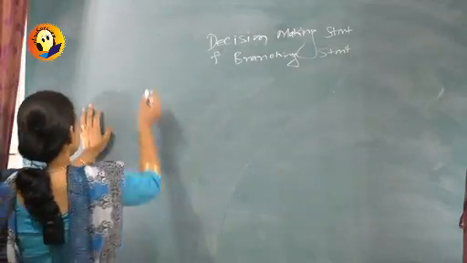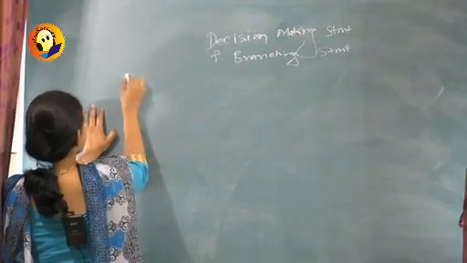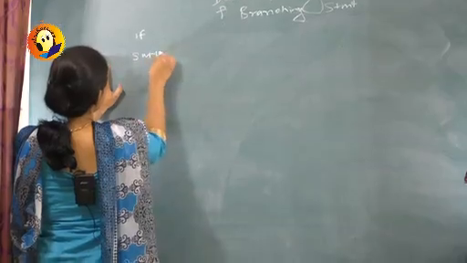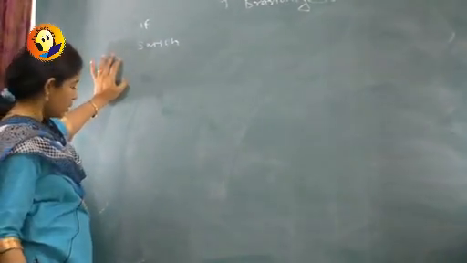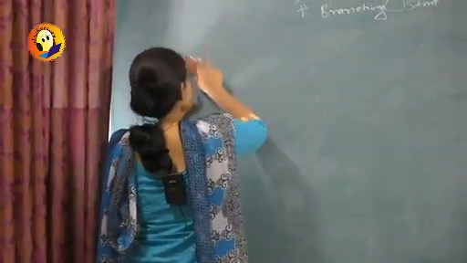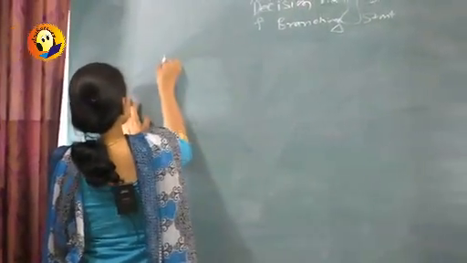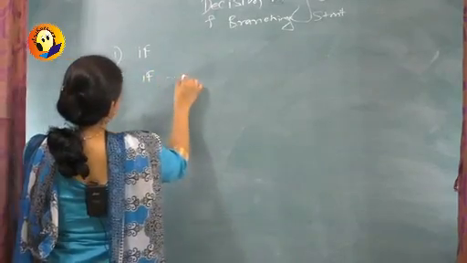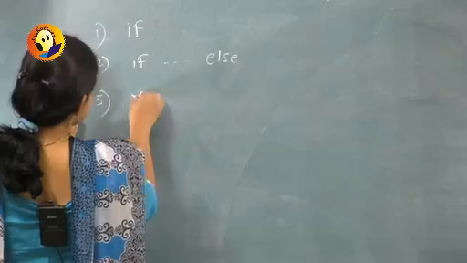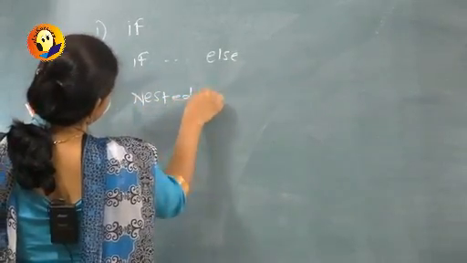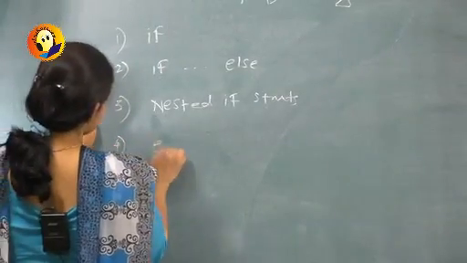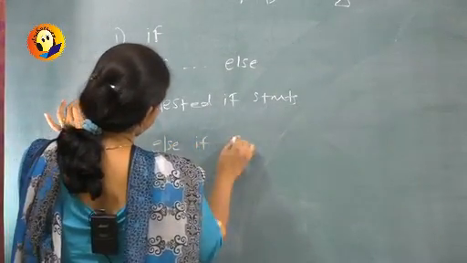There are 3 if statements for taking decisions, and there is one switch statement for taking decisions. So if we consider the if statement, there is simple if statement, another form, that is if else. Third form of if statement is nested if statements, and fourth form is else if ladder statement.